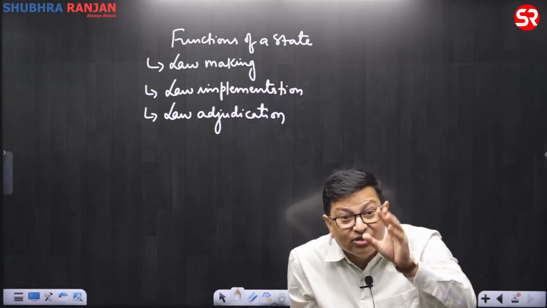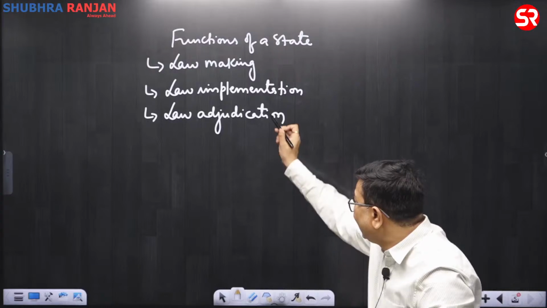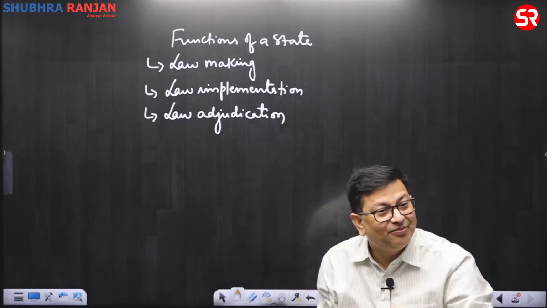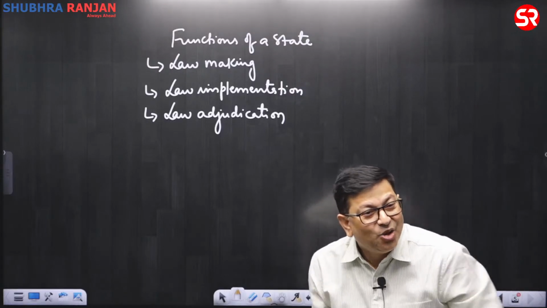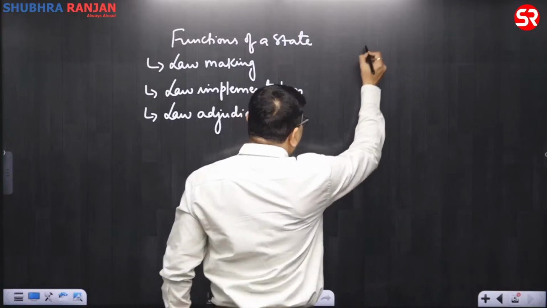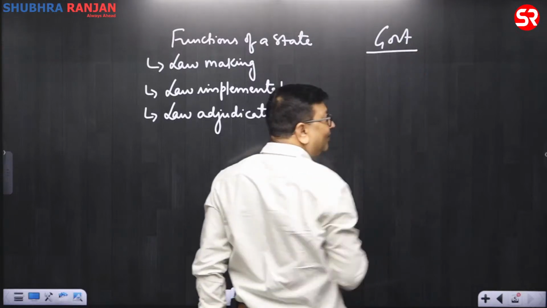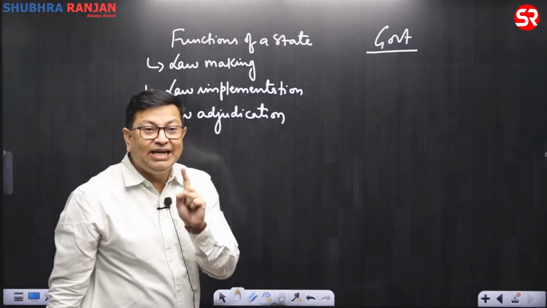The name is that of the state. So that is why we have written that these are the functions of the state. And on behalf of the state, who performs these functions? These functions are performed by the government. So government is an agent of the state.